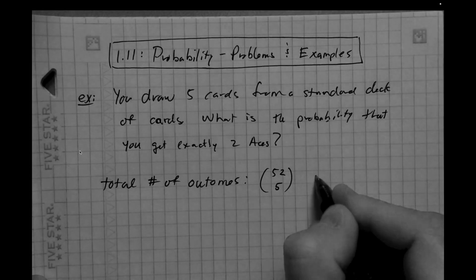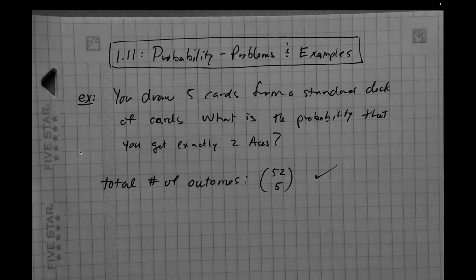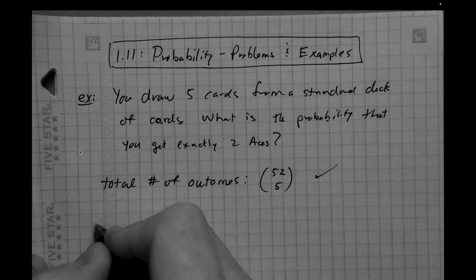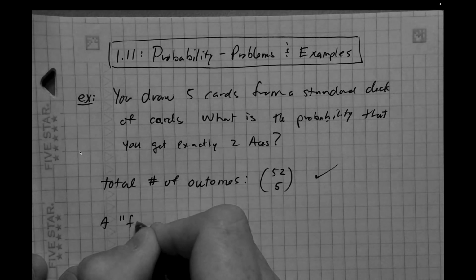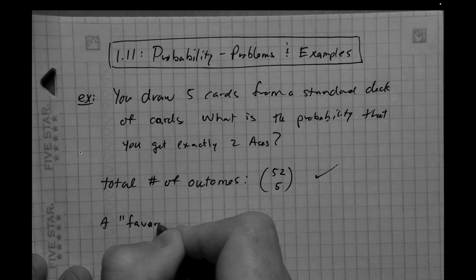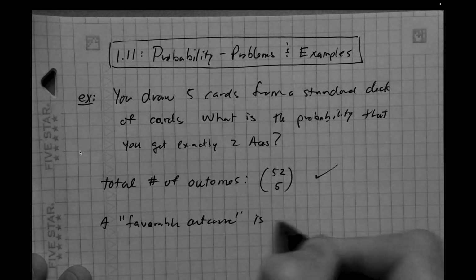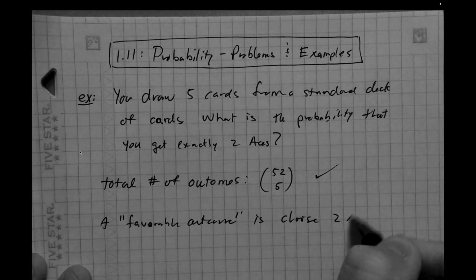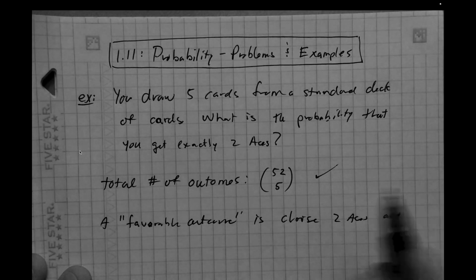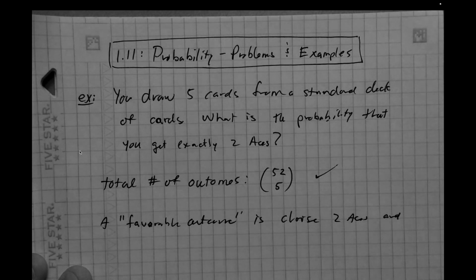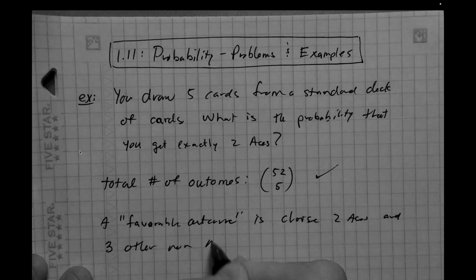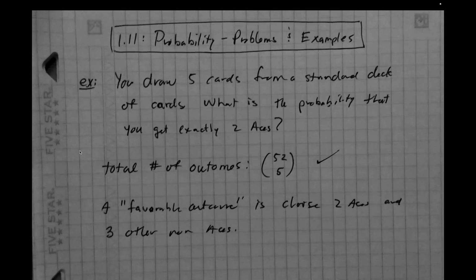We'll leave that there. That's going to be the denominator. Now what we need to figure out is how many different ways there are to choose exactly 2 aces. We call that a favorable outcome: choosing 2 aces and 3 other non-ace cards.